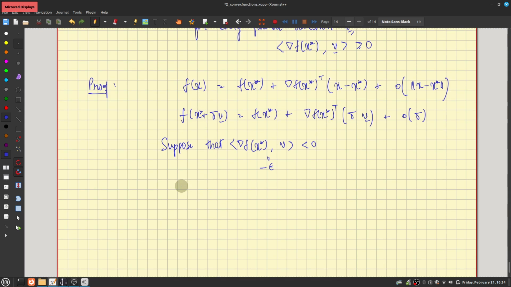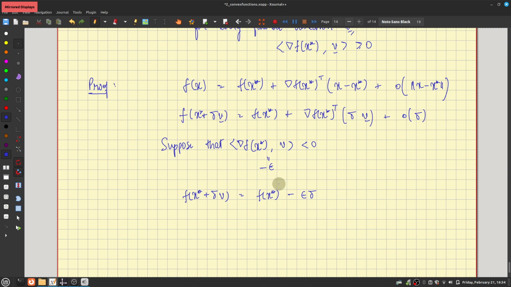Then what can you say? What is f of x star plus delta times v? This is equal to f of x star plus delta times the inner product between gradient f and v, which we know is minus epsilon. So this is just minus epsilon times delta.